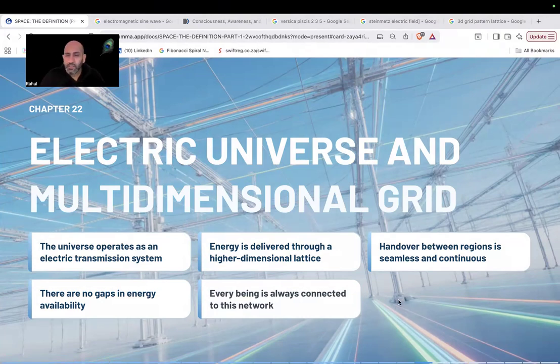And it's basically such a high level of granularity that you simply walk through the ether and googols upon googols of ether particles hand over the electricity provision to another one, and that seamlessly keeps you alive.